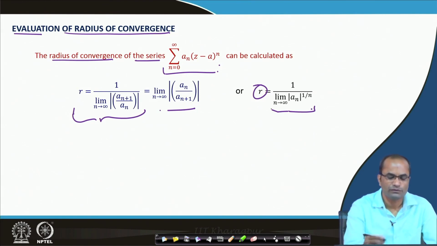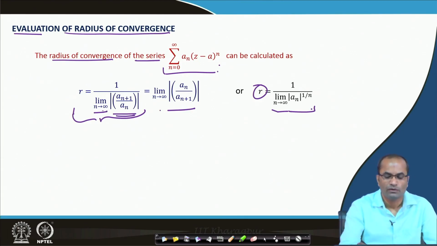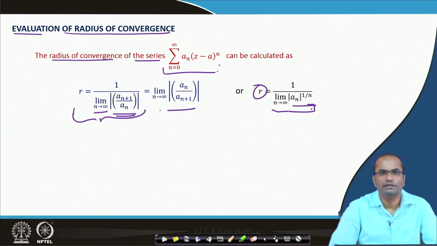Whichever is convenient for a particular example, either we take the ratio of the coefficients and then take the limit as n approaches infinity, or we take the nth root and then take n to infinity. Either way we can get the radius of convergence of a given power series.